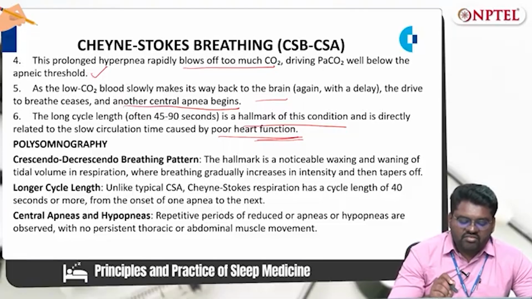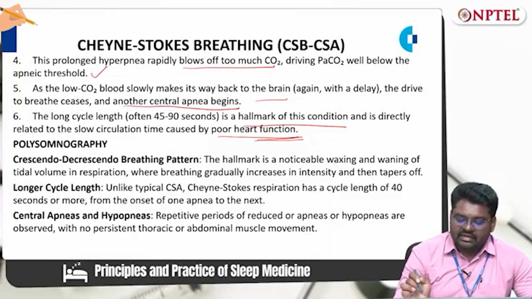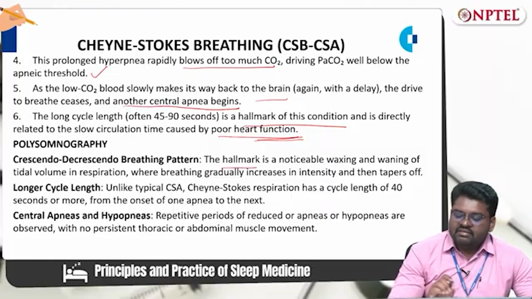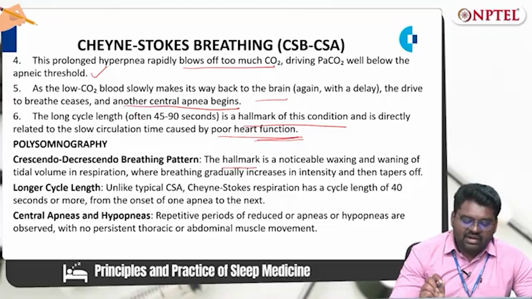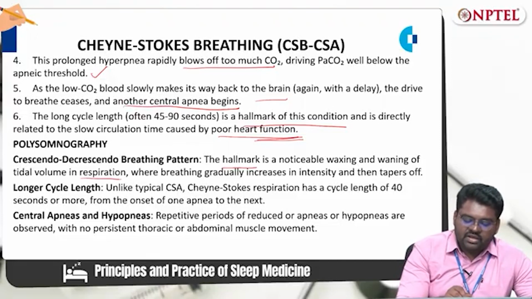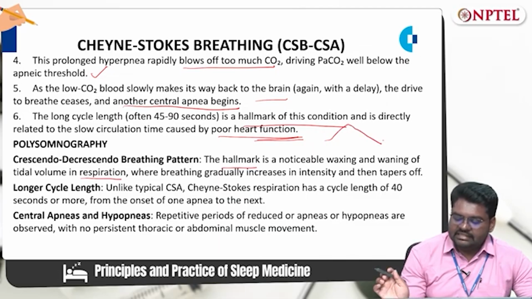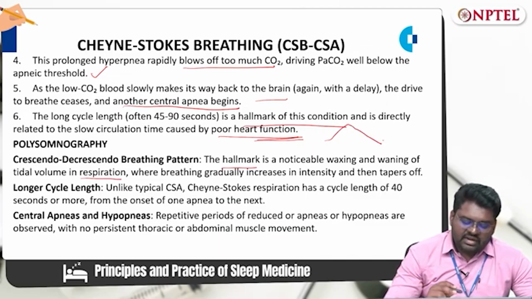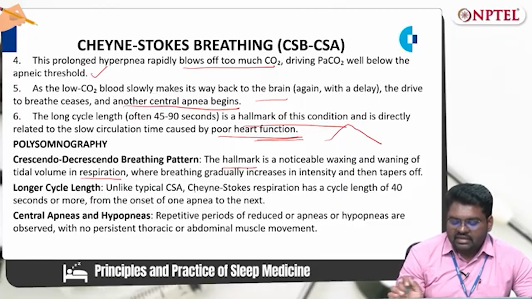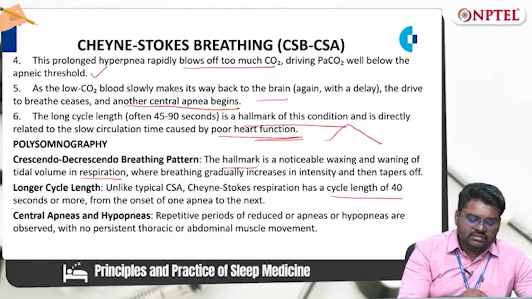In polysomnography, what we will see is a crescendo-decrescendo breathing pattern, the hallmark, which is a waxing and a waning of tidal volume in respiration, where breathing gradually increases then gradually decreases. The longer cycle length: unlike typical central sleep apnea, Cheyne-Stokes respiration has a cycle length of 40 seconds or more.